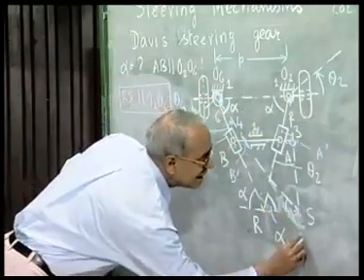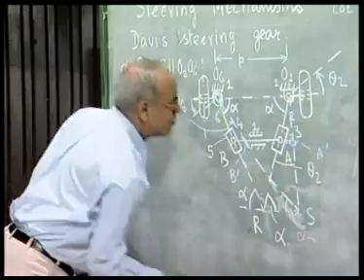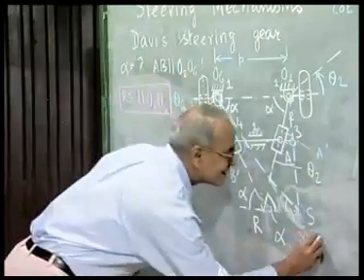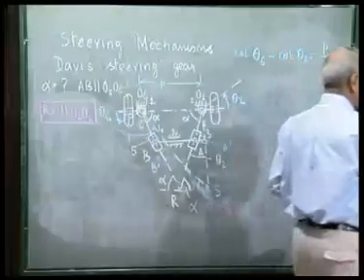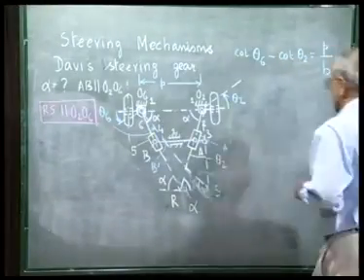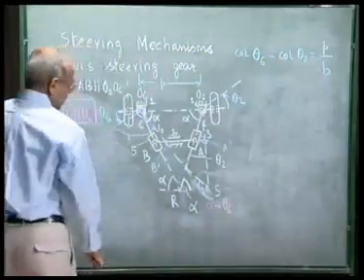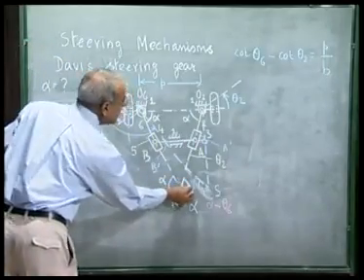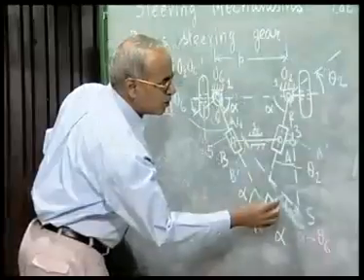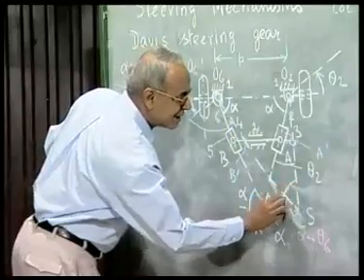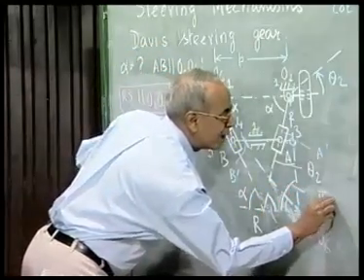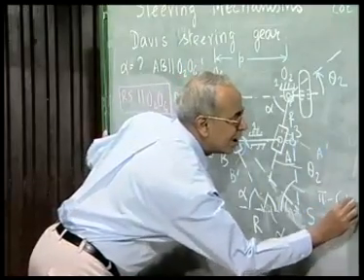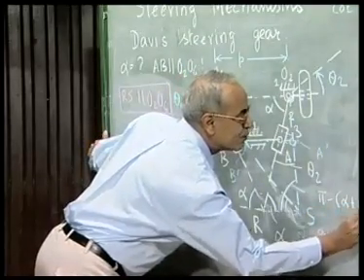So, this angle is alpha minus theta 6. This angle is alpha, this angle is theta 2. So, this angle is pi minus alpha plus theta 2.